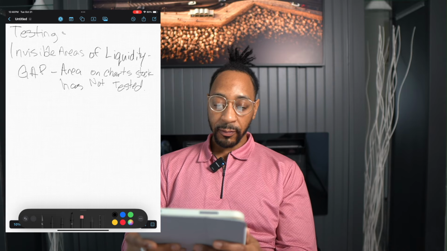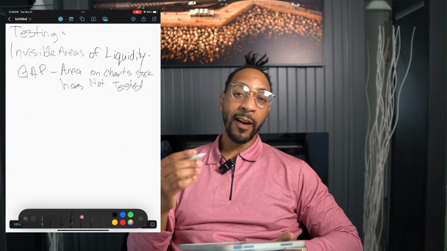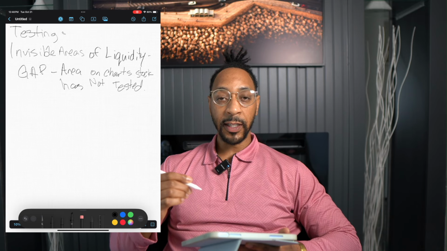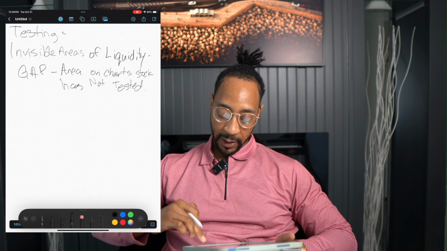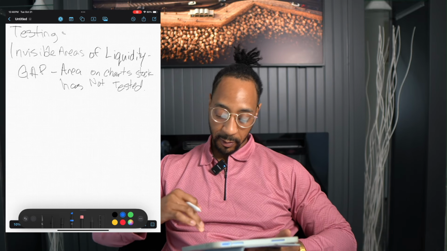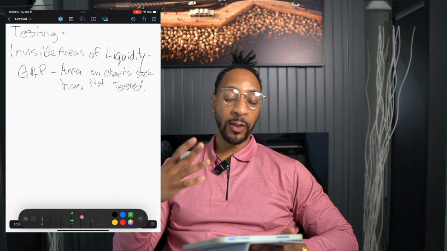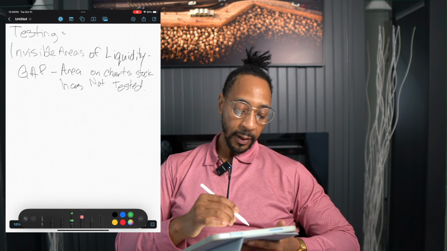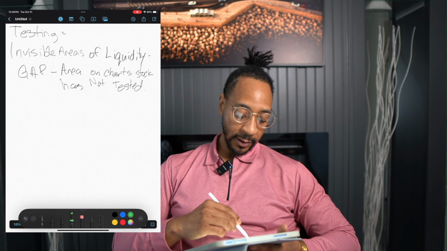So let's go over some of these gaps real quick. We have fair value gaps. This is a popular one. This is a very powerful one. So a fair value gap is a three-candle sequence. All right. So let's say that a stock is going up, and let's say it looks like this.